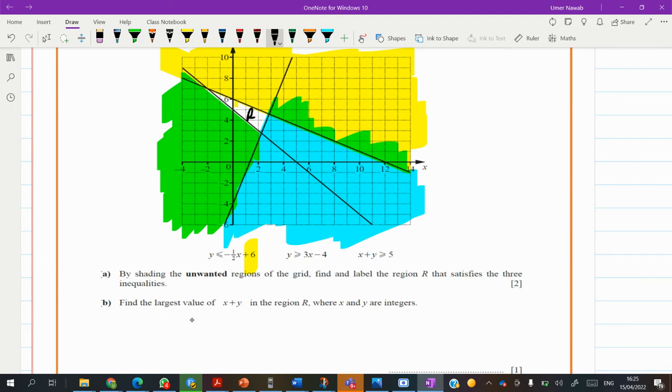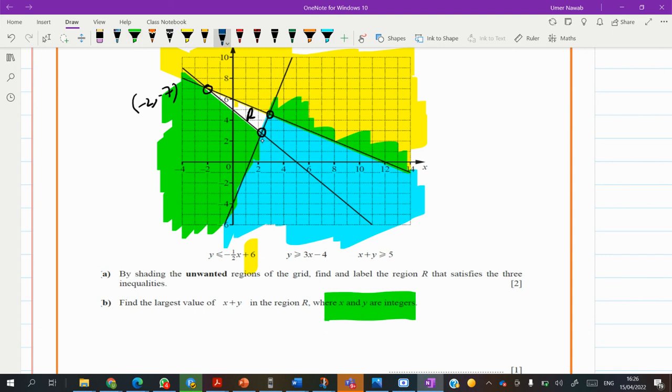Now he says find the largest value of x plus y in the region. So for the largest value, you have to see your endpoints. If you get this point, which is minus 2 and minus 7, that gives you a very small value. Do we need to take the whole number values? Because he said integers.